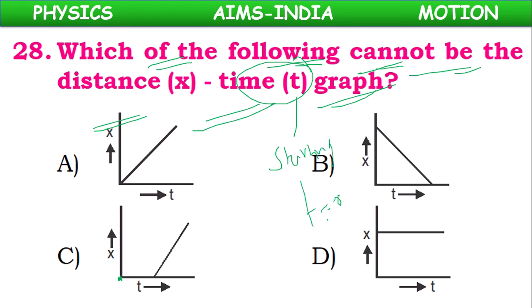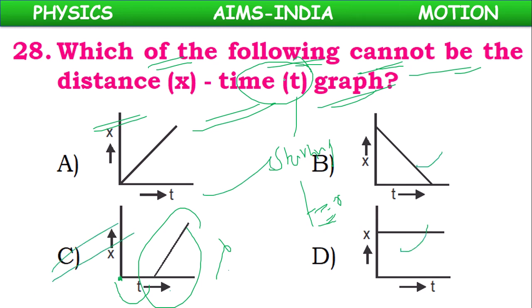So the T value should start from 0. But here the T value is somewhere else. So this is not the right one. The remaining 3 are correct. Option C cannot be the distance time graph.